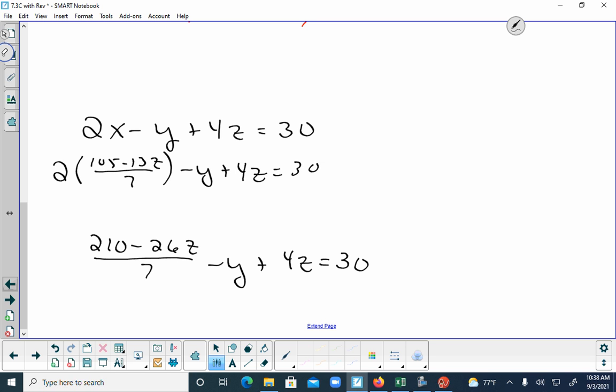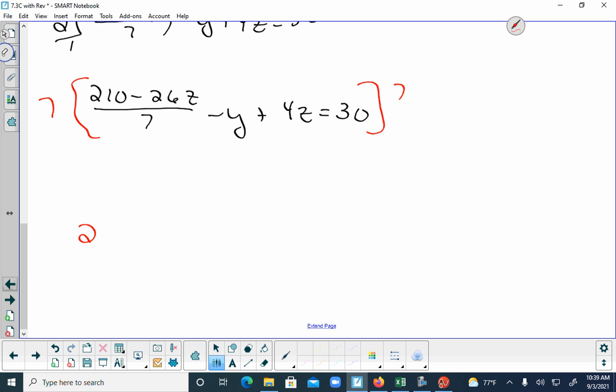So all I did is I distributed the 2 here. Okay? What's the best way to do this at this point? Put everything on one side. Before I even do that, multiply by 7. I'm going to multiply by that least common multiple 7 to get rid of that fraction. So I'm going to have 210 minus 26z minus 7y plus 28z is equal to 210.